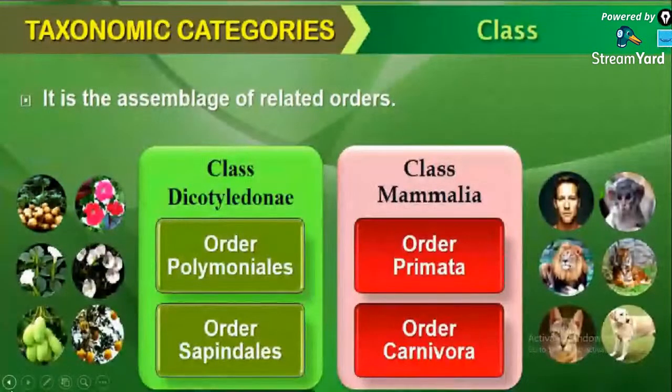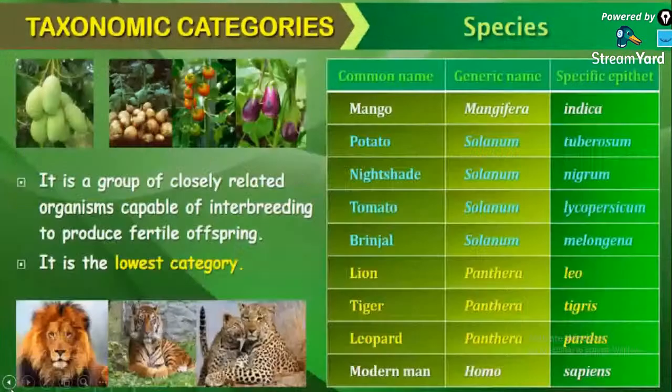If you look at the diagram, you will be able to understand, guys. The species, when you look, mango, potato, tomato, brinjal, lion, tiger, leopard, all these are different. Make sure that you look at these images to see how they are grouped together. When it comes to kingdom, you have a large group together. I hope this is clear.